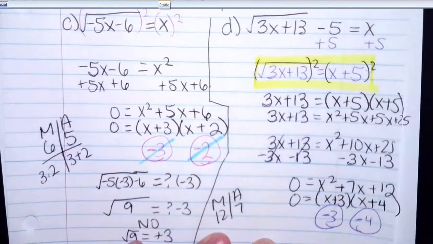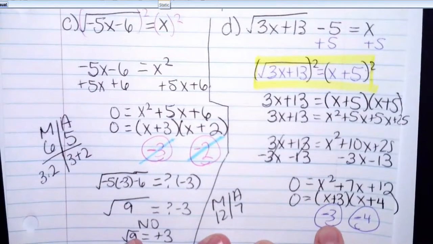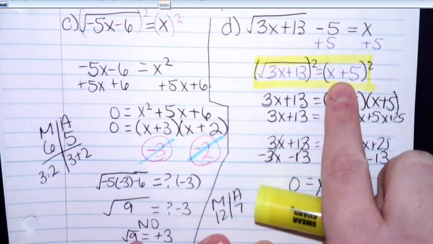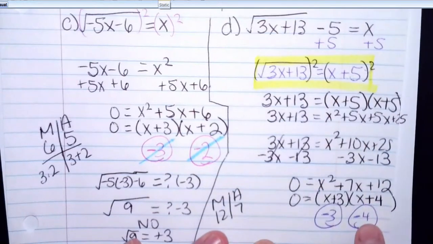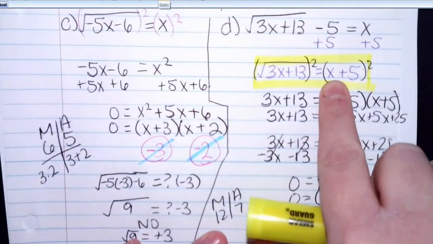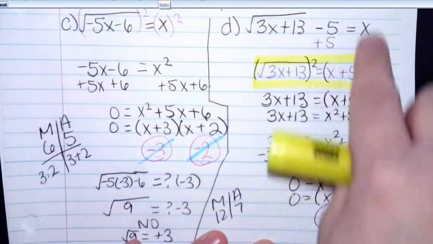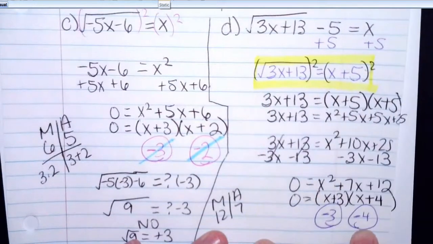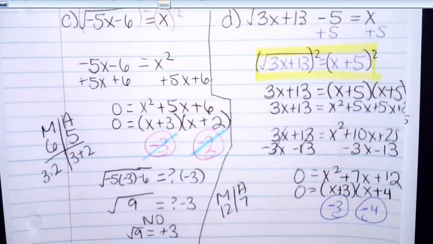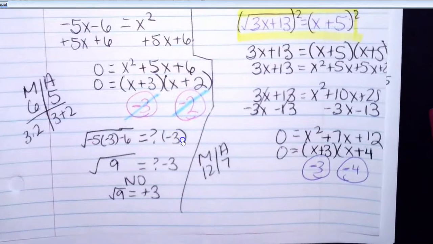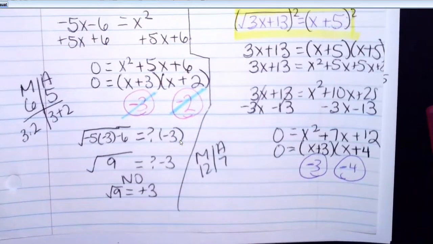If you plug in negative 3 here, negative 3 plus 5 is a positive number. Negative 4, if I plug it in here, or if you plug it into the original, you'll be okay, because that'll be positive. Both of these numbers are actually going to work here, but let me write it out so you can see. I'm going to scooch this up so I have some space.